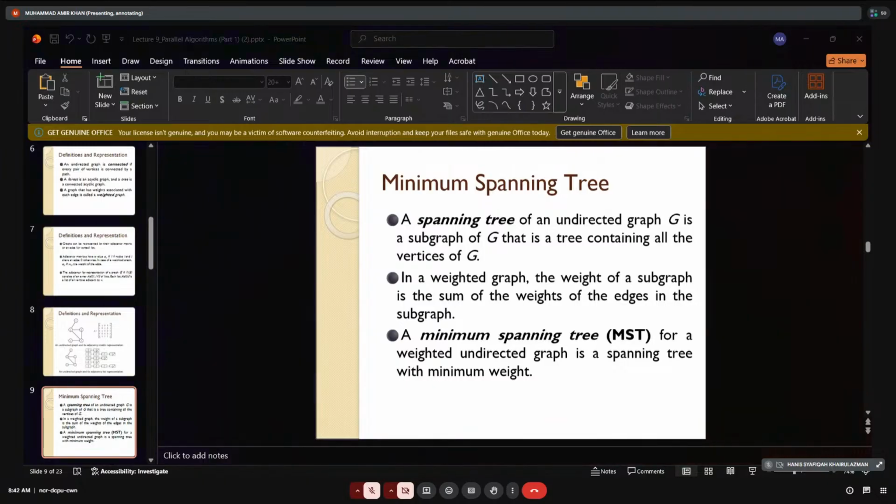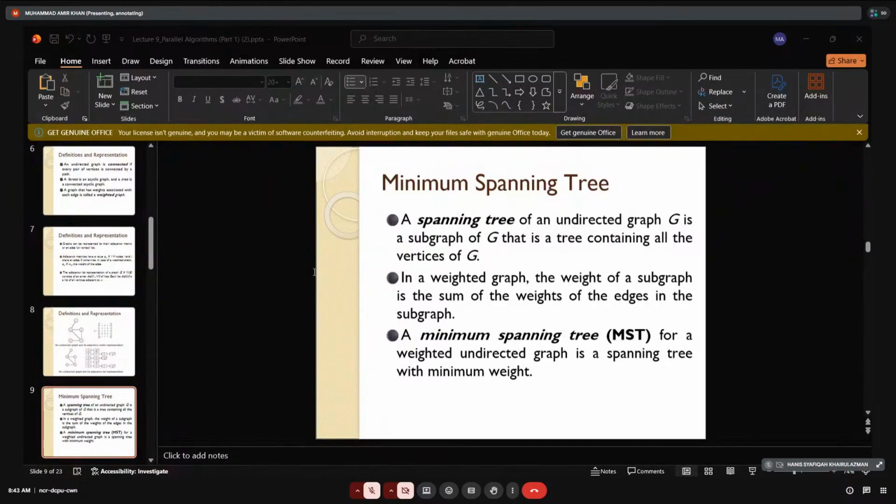What is minimum spanning tree? Basically, if we see the purpose of this, why we need minimum spanning tree, why we go for this.